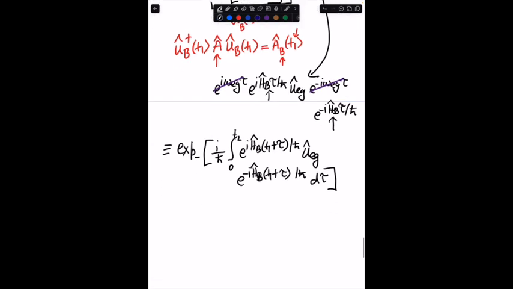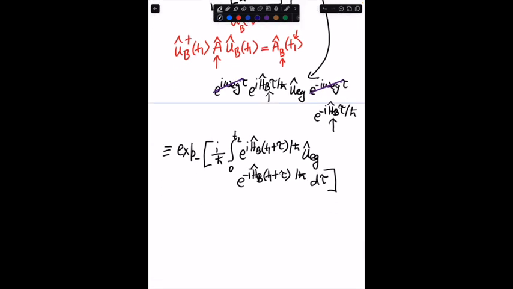So what that effectively means is that this energy gap operator is being propagated by time t1 plus τ.